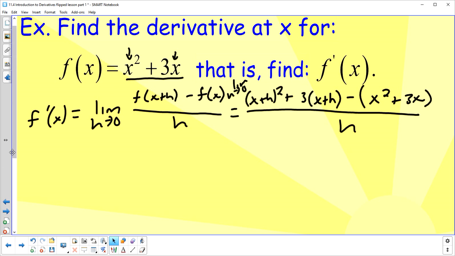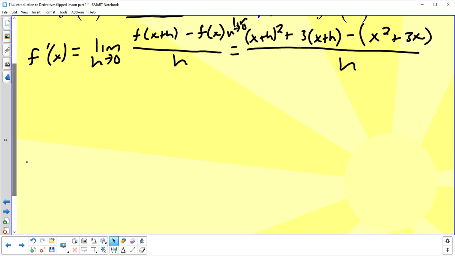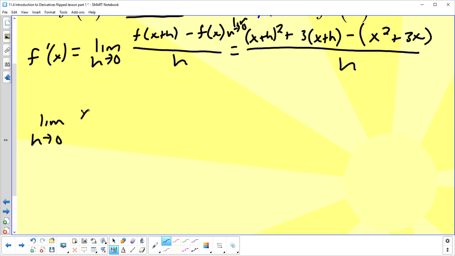Okay, so we've got some algebra to do here to simplify. As long as you're careful with your algebra, you won't have any problems with this. So again, the limit as h approaches 0, and I'm going to do my algebra now. I'm going to take x plus h and square it. That's going to give me x squared plus 2xh plus h squared.